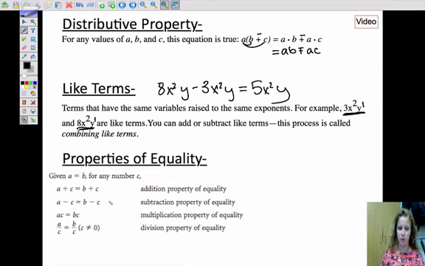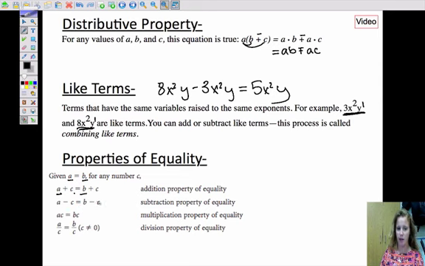Then some other properties that you're going to need to know and get down here in a second, and this is pretty intuitive. I think most of you know this by now. But if A equals B, then A plus C equals B plus C. So if this is the same number and this is the same number, then those two plus a different number should be the same.